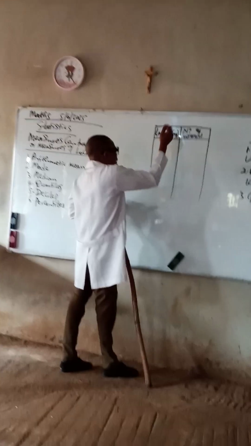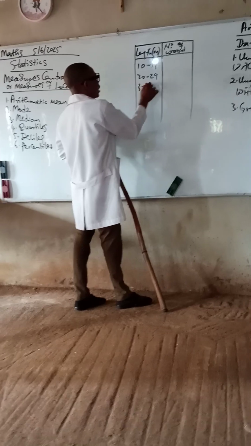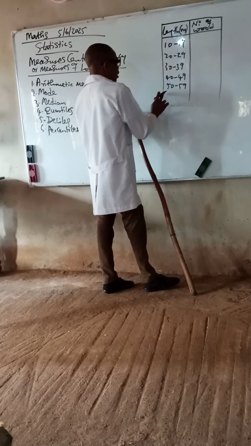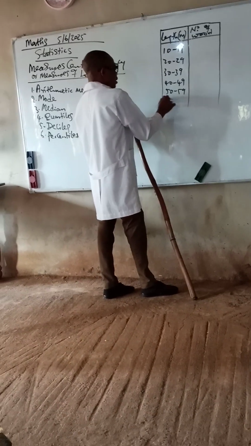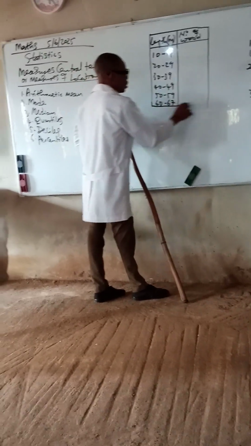In that case, they will give you something like 10 to 19, 20 to 29, 30 to 39, 40 to 49, 50 to 59. Sometimes it can pass to 60 to 69, thereabouts.